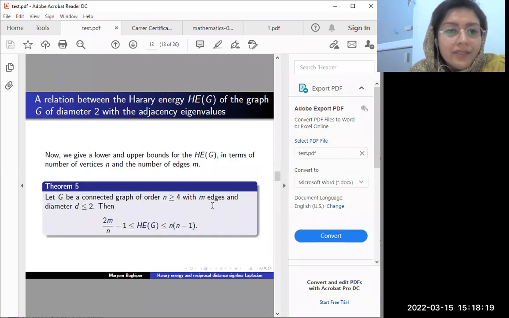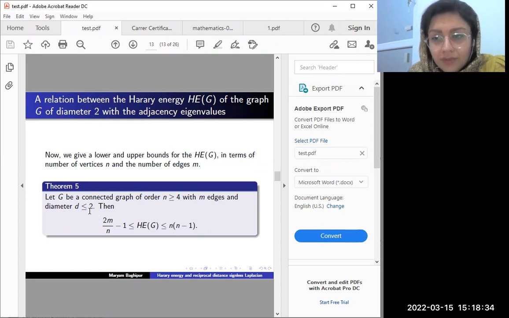Another result is a lower and upper bound for Harary energy in terms of n and m, where n is the order and m is the number of edges, for graphs of diameter 2.